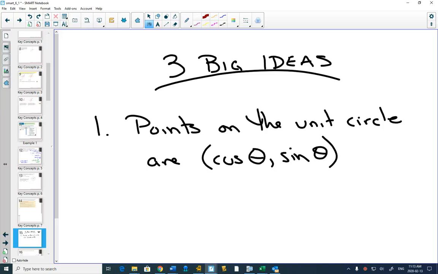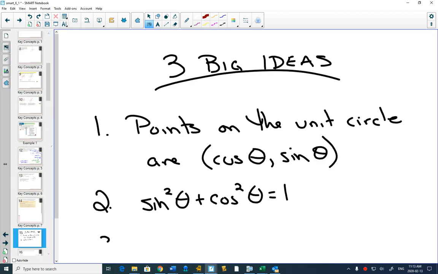Big idea number 2, if you do a squared plus b squared equals c squared and use the equation of the circle, you can also write that sine squared plus cos squared of any angle, as long as that angle is the same, is equal to 1.